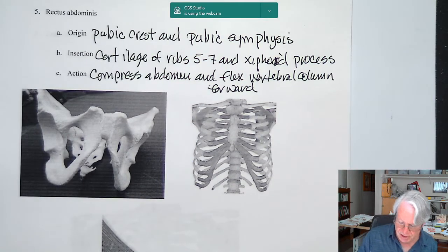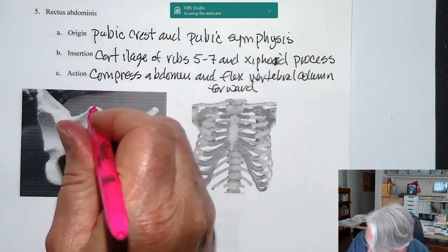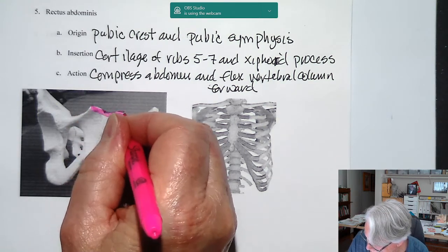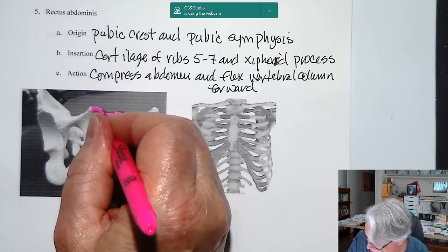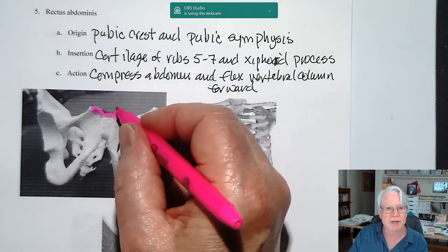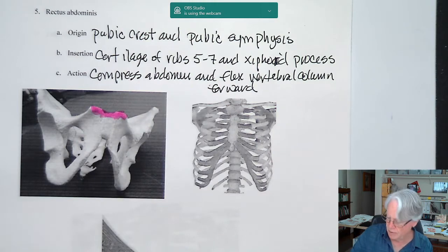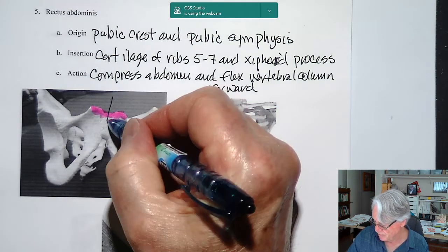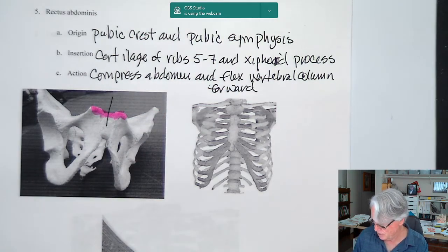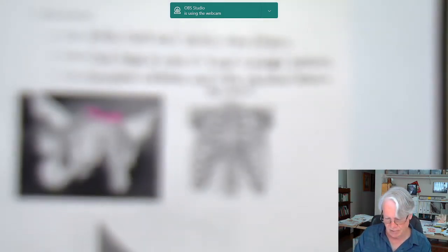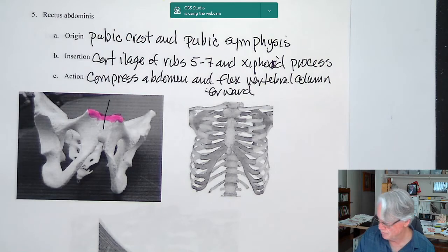So origin is going to be red. On this model, it's going to be all along here. There are two muscles, and we'll talk about that when we look at the pictures. One on this side and one on the other side, so it'd be literally two muscles split right down the center there. And then the insertion, which is going to be blue.